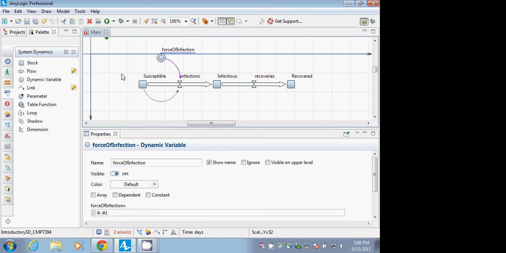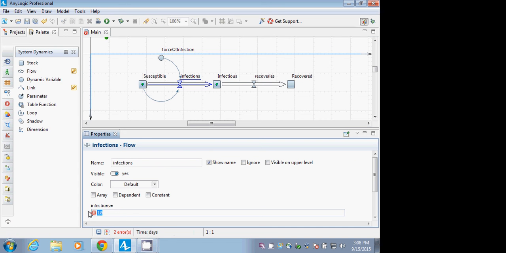Okay, so ladies and gentlemen, we put in place a dynamic variable called force of infection. And we gave it a value of 0.01. And now for infections, we are going to set this so that the rate of new infections, the number of people per day that are getting infected, will be the force of infection.